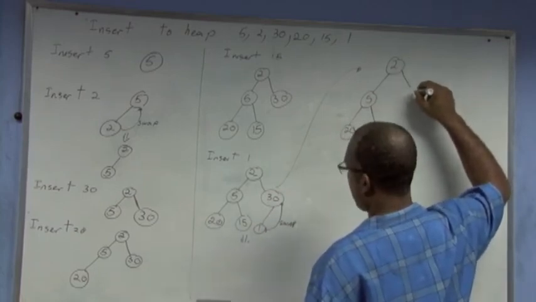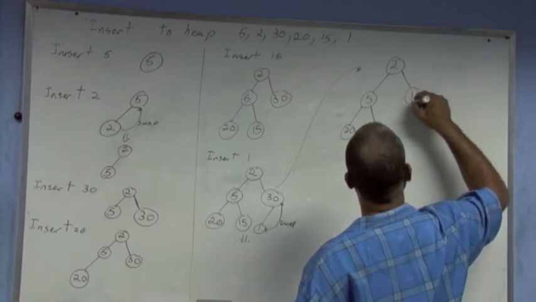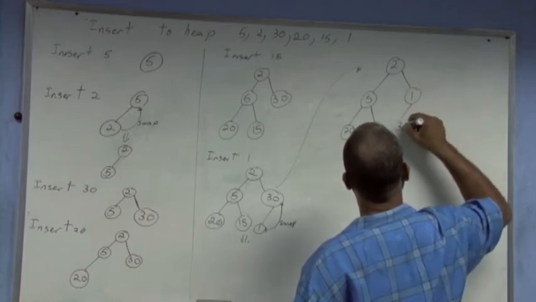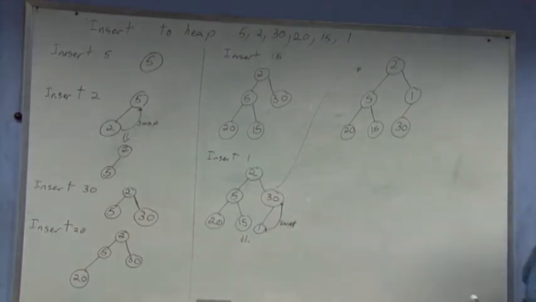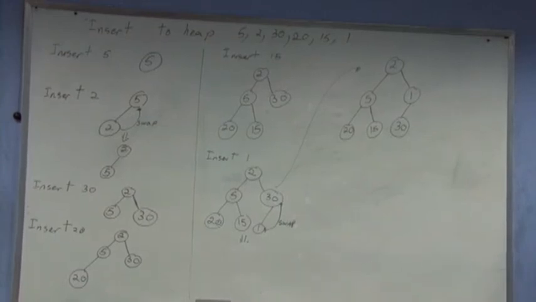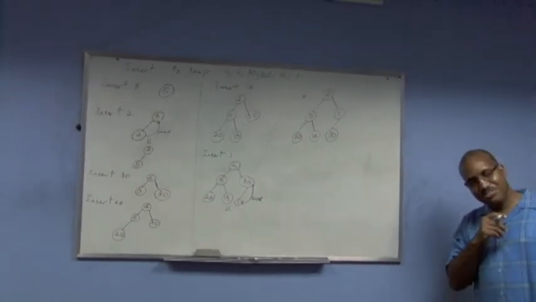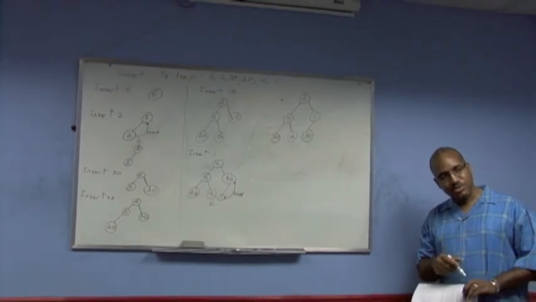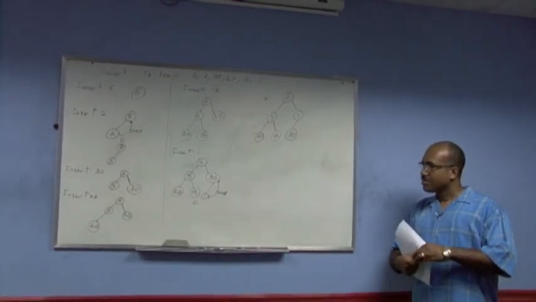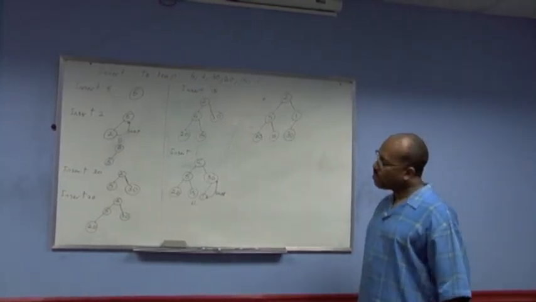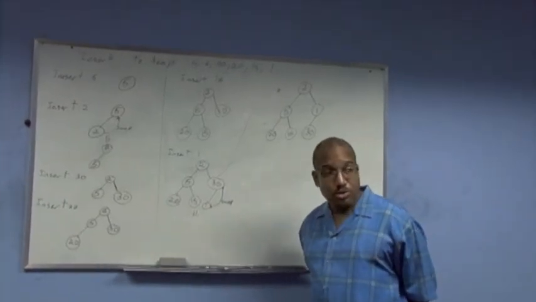Well, I think we're supposed to try to keep the tree balanced. I heard that answer, I'm not sure I agree with it. The question was why is the 1 on that side instead of where the 15 is? Because in a heap we know exactly where we're going to insert.